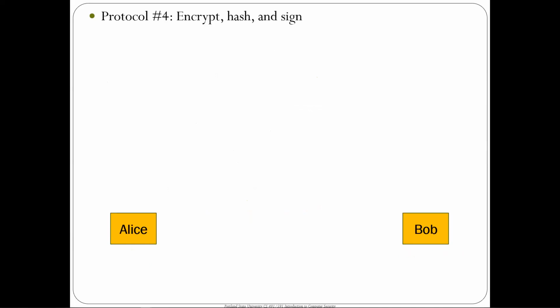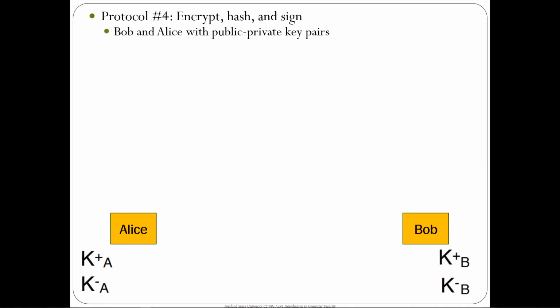What is typically done is all three of these things. You do the encryption, the hashing, and the signing in order to get confidentiality and data and source integrity using asymmetric keys. So again, we have Alice and Bob. In this case, we need both key pairs.